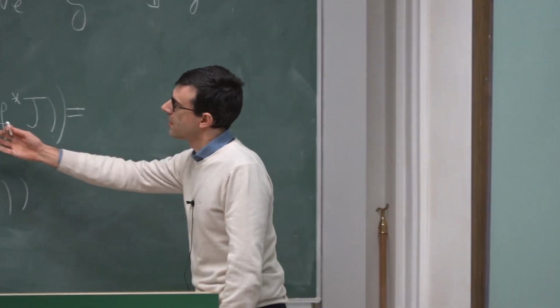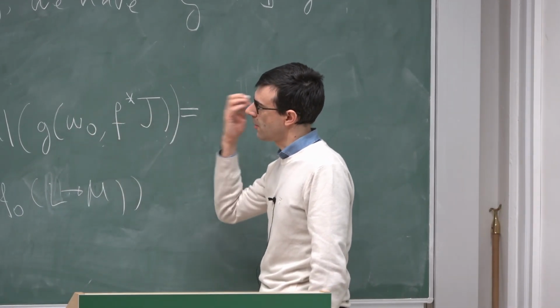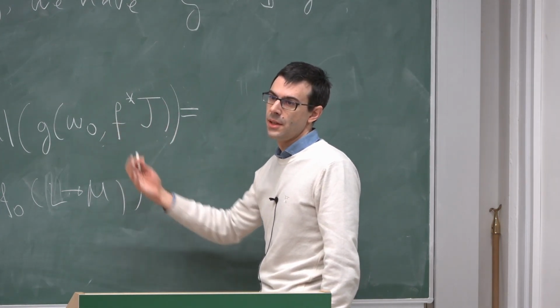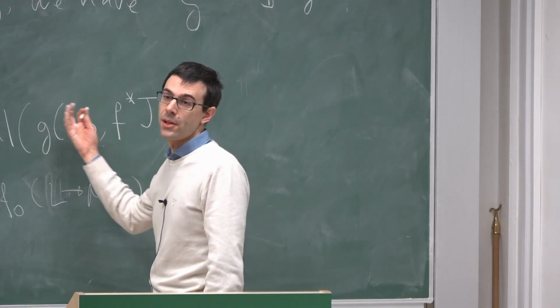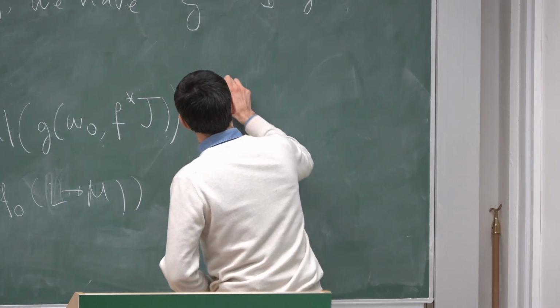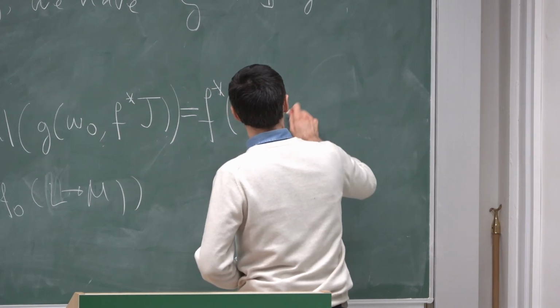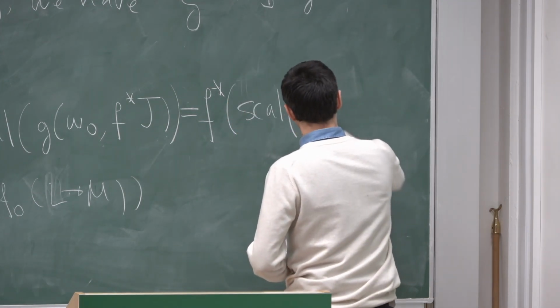So if I'm interested in understanding the scalar curvature, solving for it to be constant, and I wonder what happens if I move along these complexified orbits, then it's not hard to see that this is just the same as the following.